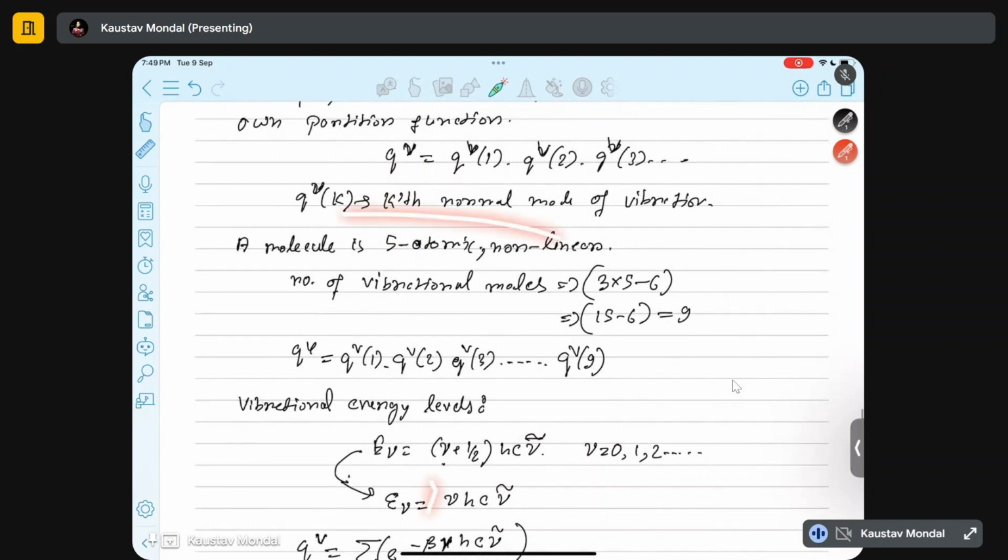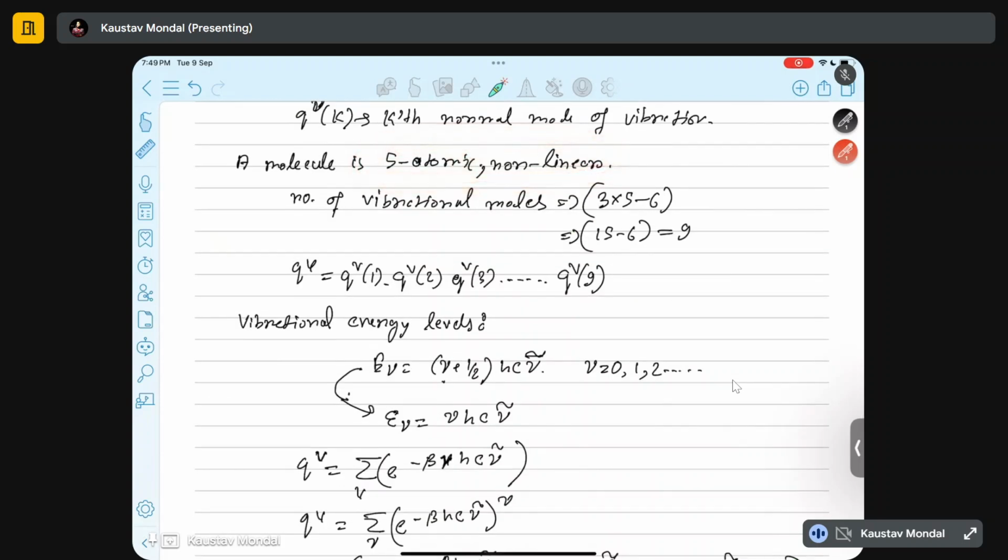In this example, suppose a five atomic non-linear molecule: the vibrational modes will be 9, so the total QV is the multiplication of the partition function for each normal mode, QV1 to QV9.